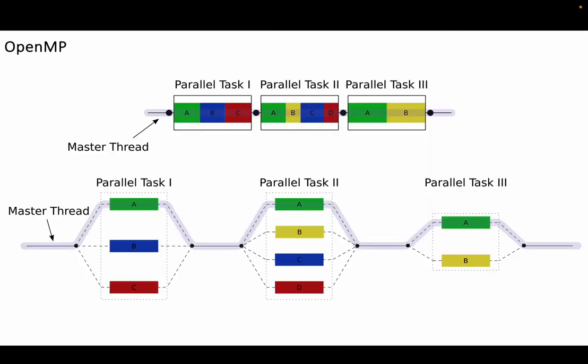In my program code, I use OpenMP to show the parallel process and calculate the execution time. You can see the original master thread. It has 3 parallel tasks, and in parallel task one, it has 3 subnodes, but they are all in one line.